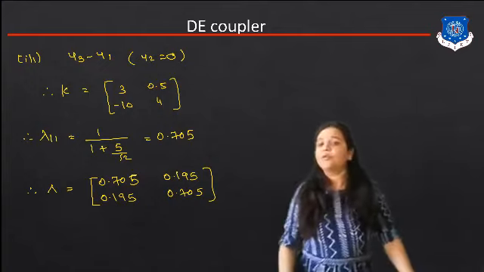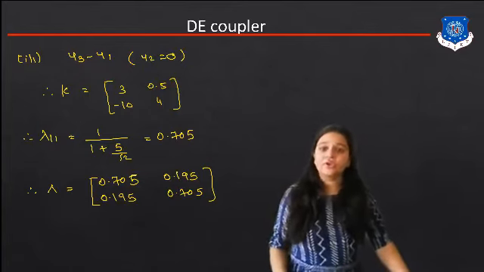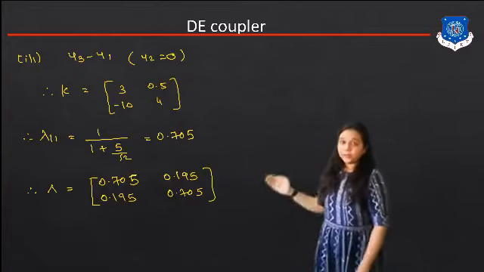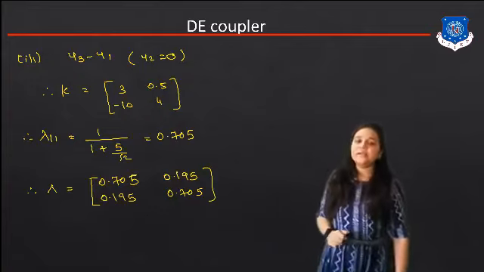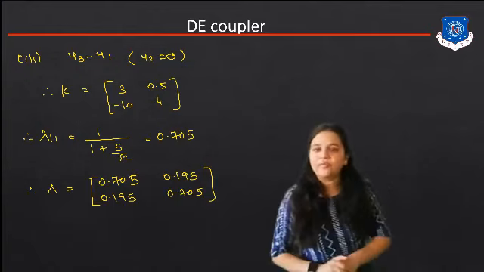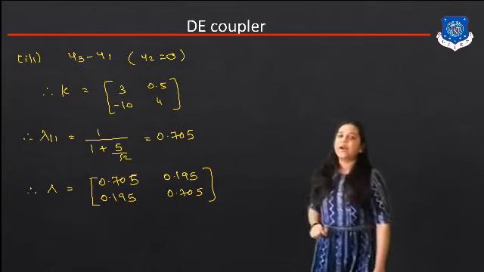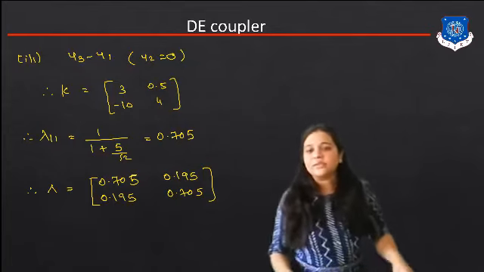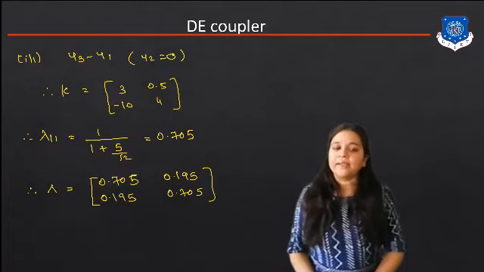Then again we find lambda 11 using the RGA. So it is 1 upon 1 plus 5 by 12, this is the simplified version, which is equal to 0.705. So we write 0.705, 0.705, and then 1 minus 0.705 is 0.195.